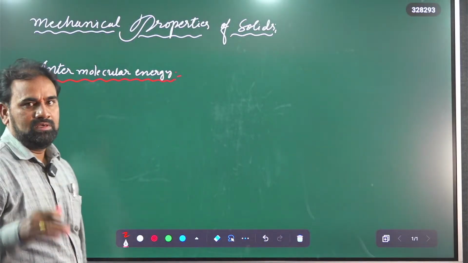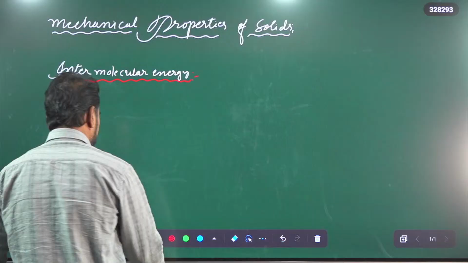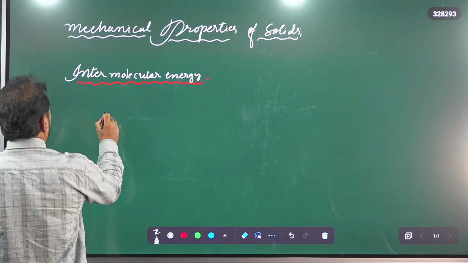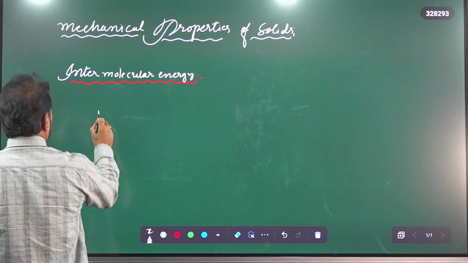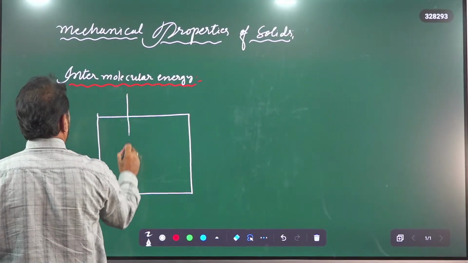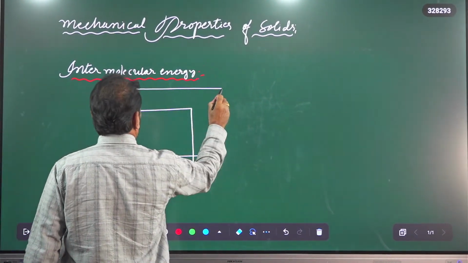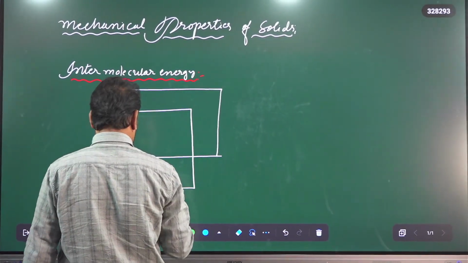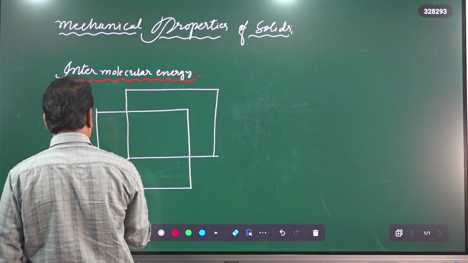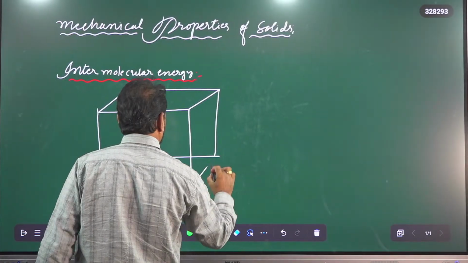Intermolecular energy. Suppose we consider a substance which contains so many atoms and molecules like this.